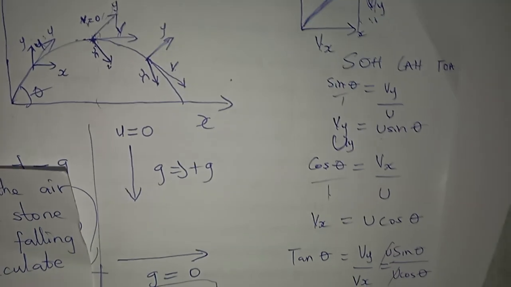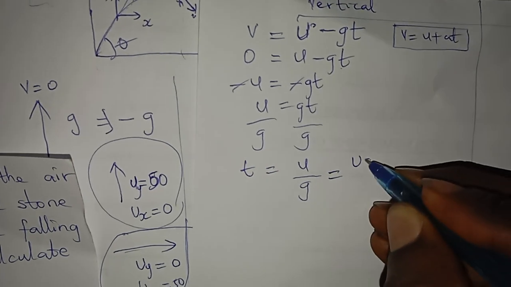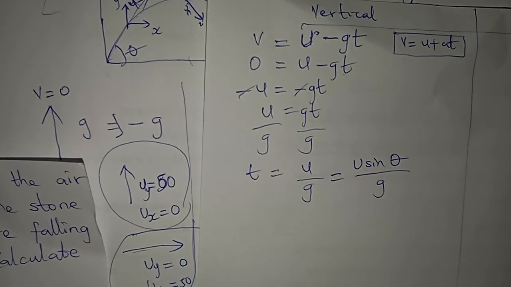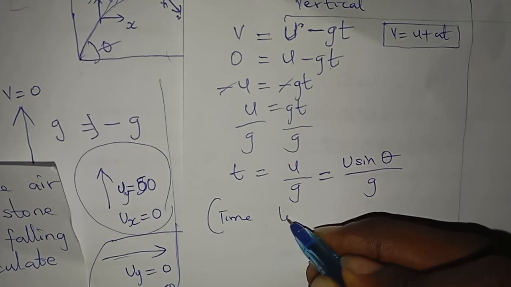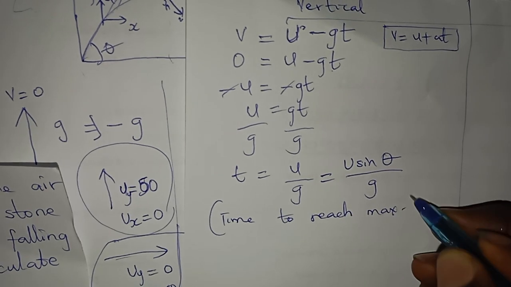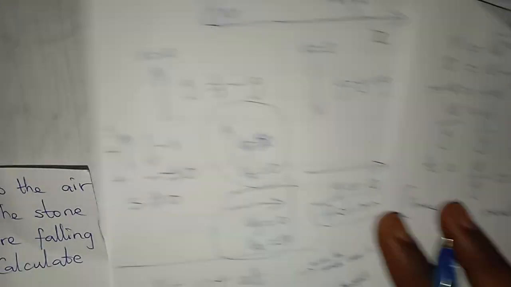Rather call it u sine theta. So where I see u, I replace it with u sine theta all over g. And this is what we call the time to reach maximum height.